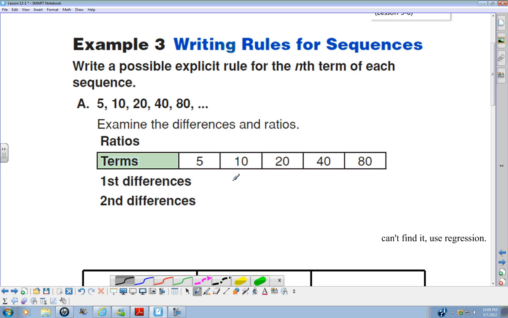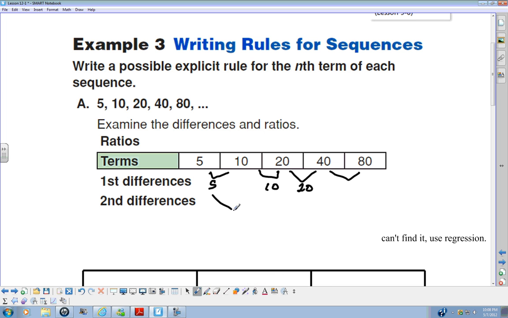The first differences, so we subtract. 10 minus 5 is 5. 20 minus 10 is 10. 40 minus 20 is 20. And then 80 minus 40 is 40, excuse me. So this is definitely not the first difference.